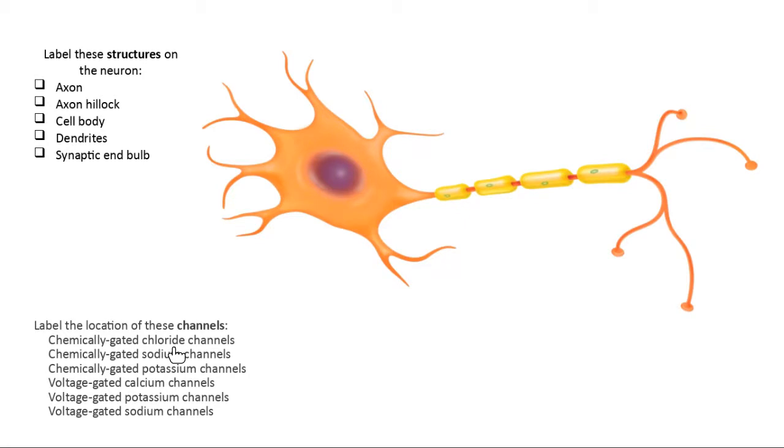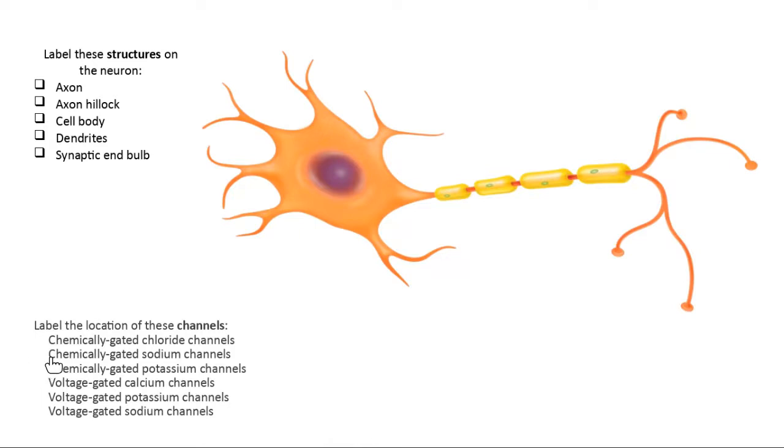You might be referring to, here's a quick reminder for us. We don't have voltage-gated chloride channels. That's a distractor answer. There's no voltage-gated chloride channels. They don't exist. We also don't have chemically gated calcium channels. That's another distractor answer. It doesn't exist.